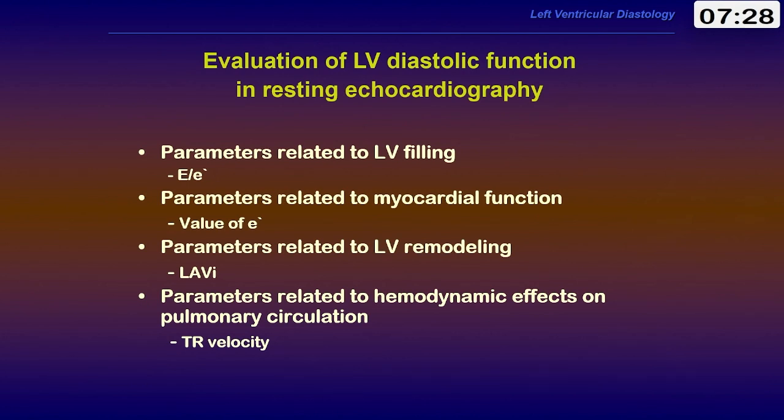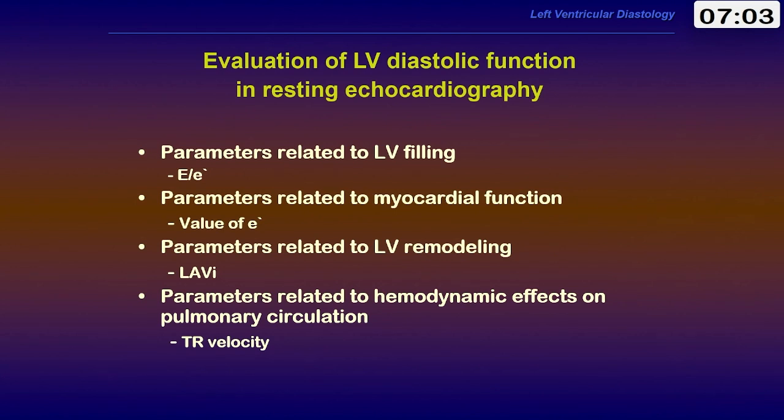Remember, it's called tissue velocity, so it is a tissue function, which is the value of the E prime wave, either in the lateral side of the mitral annulus or in the medial side. Parameters related to left ventricular remodeling, which is the left atrial volume index. Remember always that the left atrium is the window of the left ventricle. So when you look at the left ventricle, you must see the left atrium first.